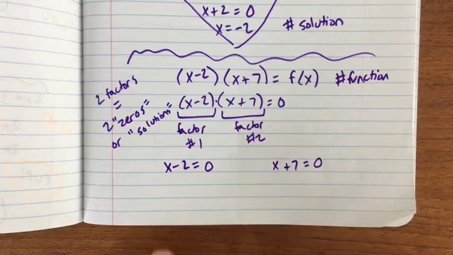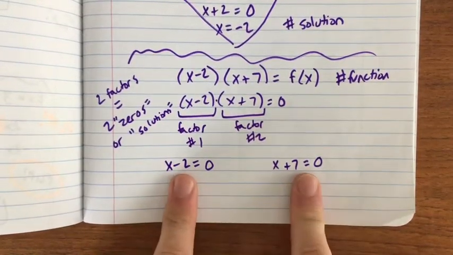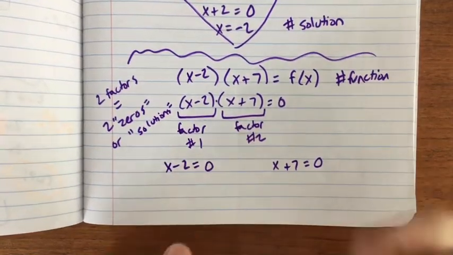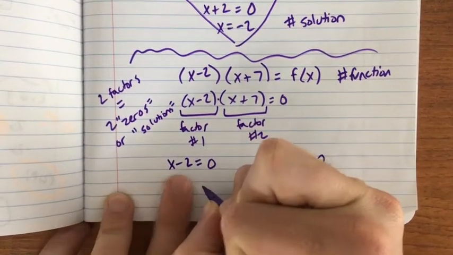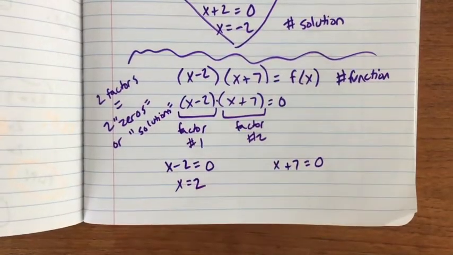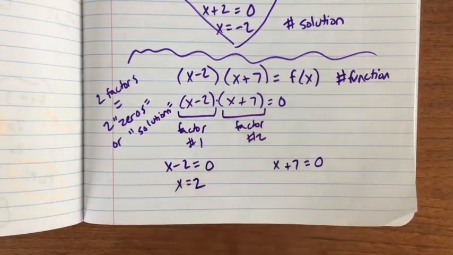Okay? To find the solutions, and I'm going to have 2 of them, I'm just going to solve each of these equations for 0, or to find the 0, right? So I'm going to solve for x. So x minus 2 makes 0. What minus 2 makes 0? 2, right? Because if I took x and I replaced it with a 2, 2 minus 2 equals 0.